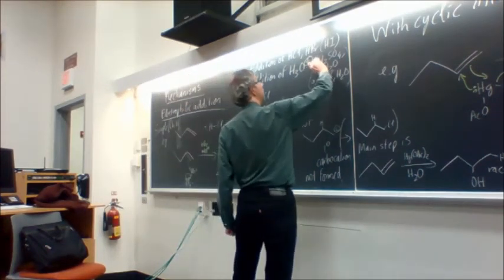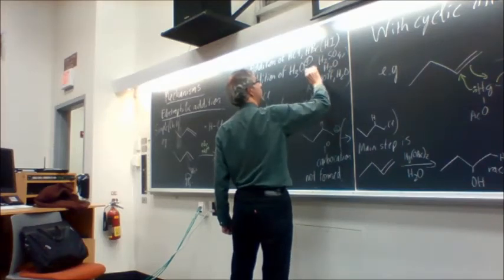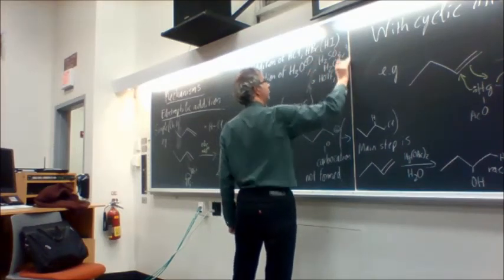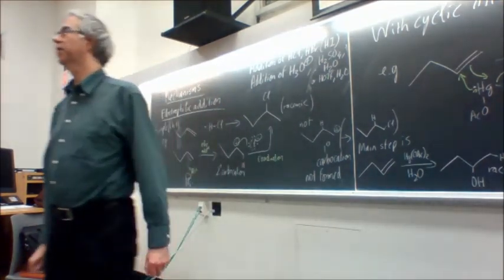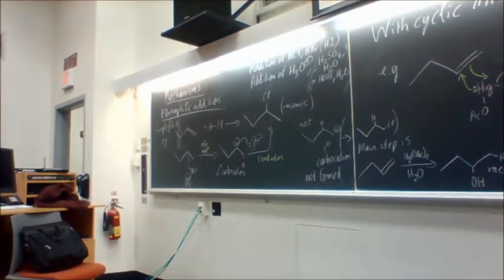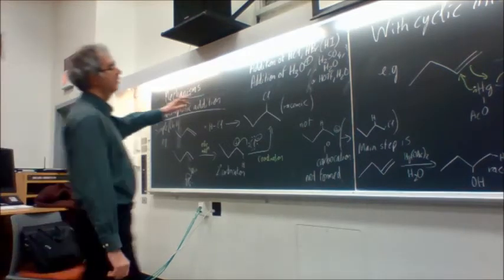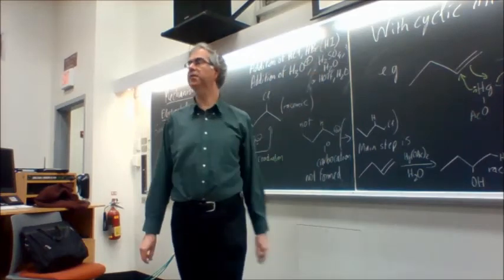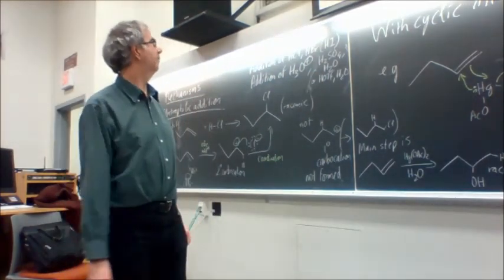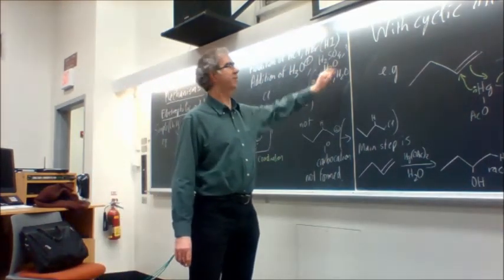Actually, these are all really the same reaction here. They're all just H3O plus, but done in different ways. In this case, they often will add sulfuric acid first, which forms an intermediate, and that then is hydrolyzed by this.